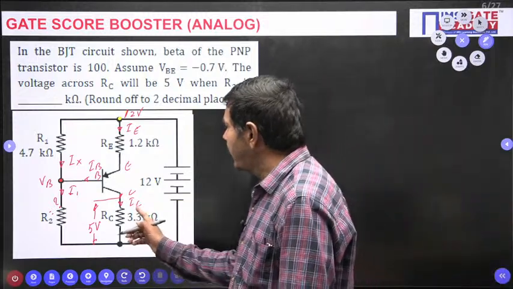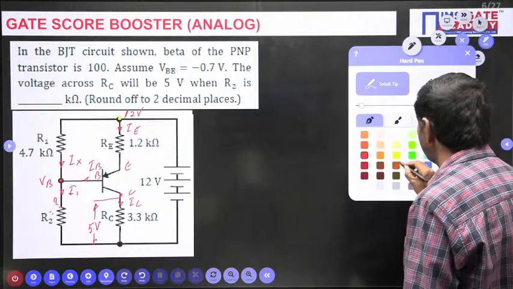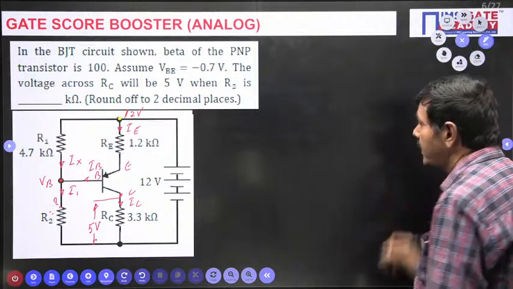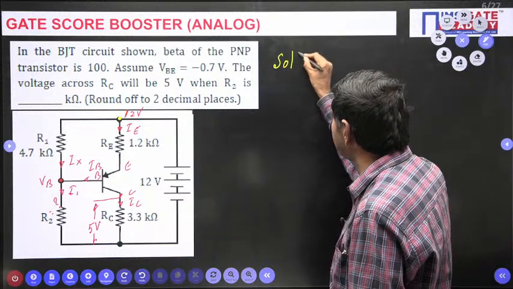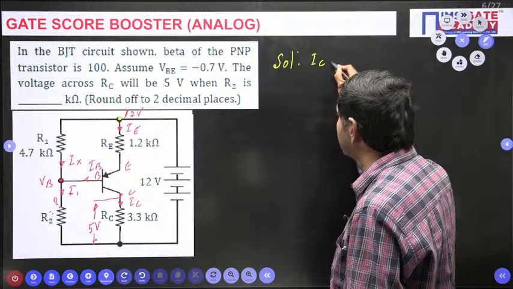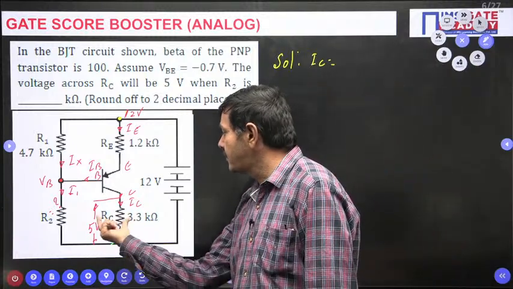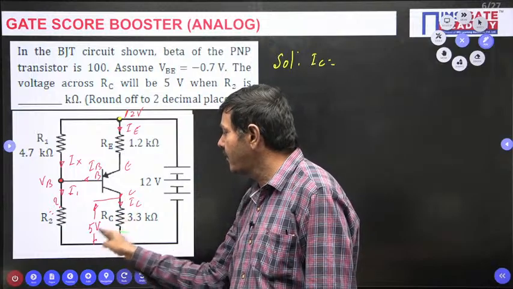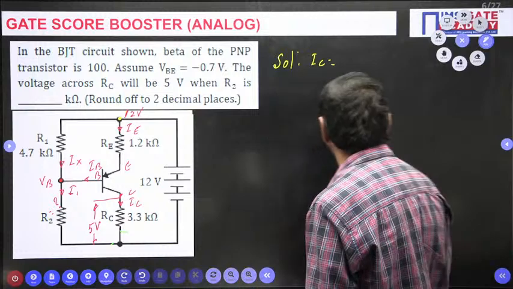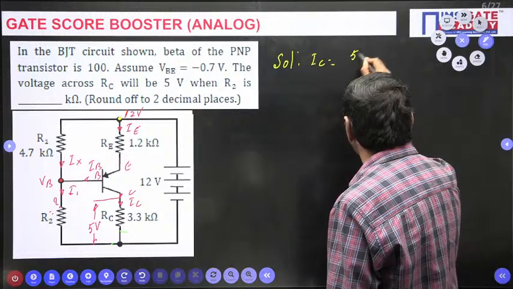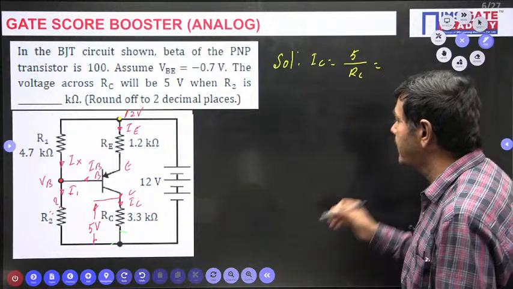Initially, I wish to find what is IC from the given problem. From the given problem, I can determine what collector current is going to flow. Voltage across RC, VC divided by RC: 5 divided by RC is nothing but IC only. The RC is 3.3 kilo ohms.